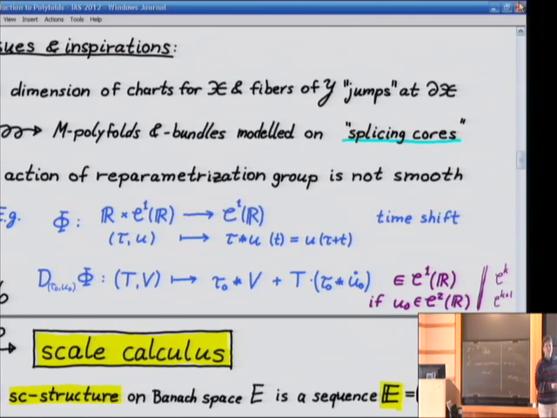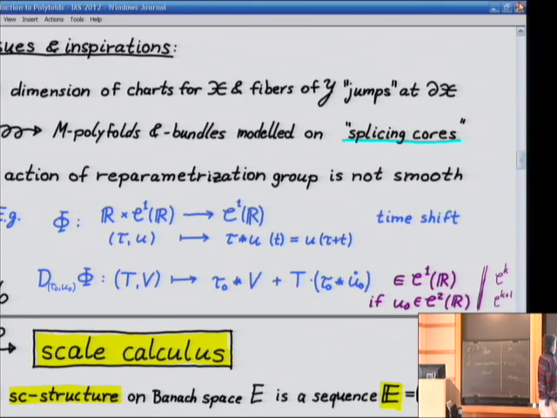You fuss a little, but you get a similar theory, which, if you understand how to get from a manifold to an orbifold, you can understand how to get from M-polyfold theory to polyfold theory. So M-polyfold theory is a thing that's hard to wrap your head around.